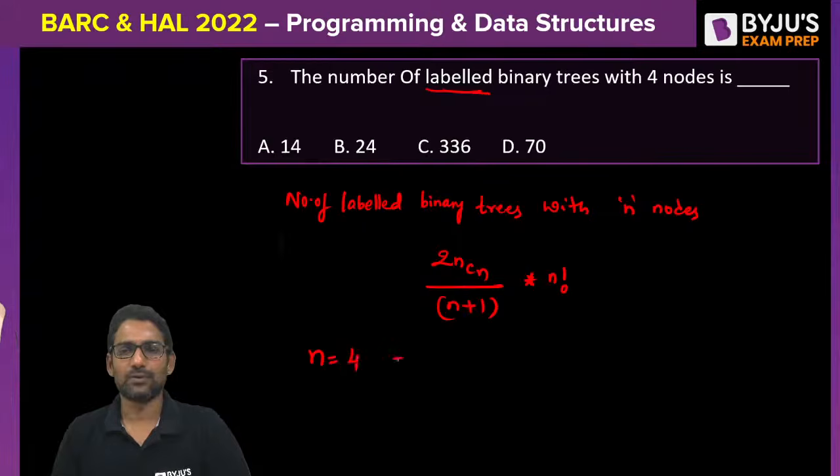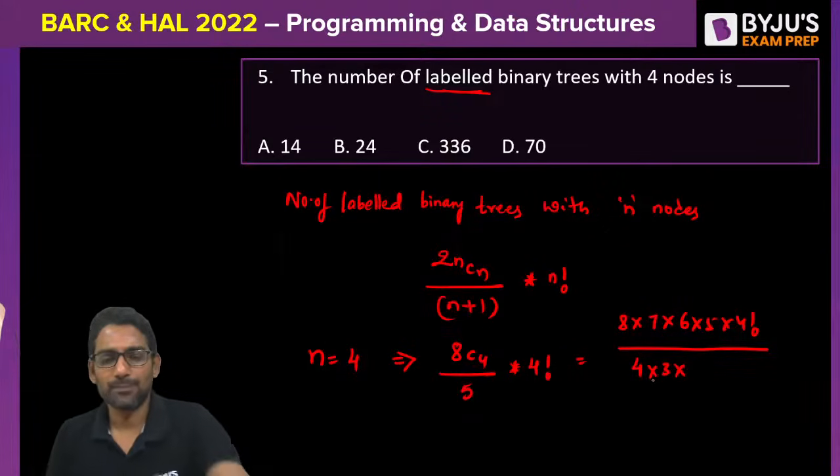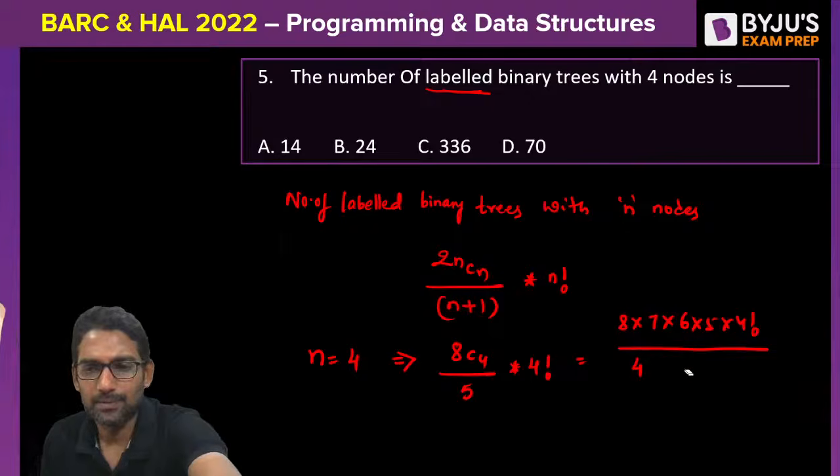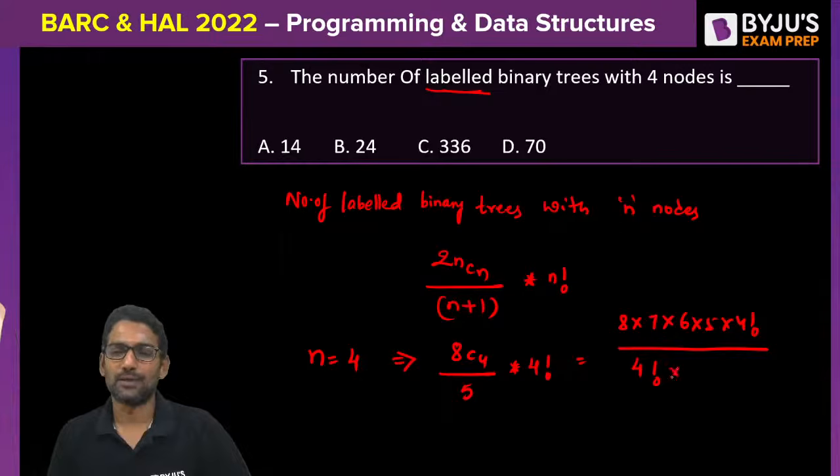N equal to 4. So that is 8C4 divided by 5 multiplied by 4 factorial, that is 8 into 7 into 6 into 5 into 4 factorial divided by 4 factorial multiplied by 4 factorial into 5 whole into 4 factorial.